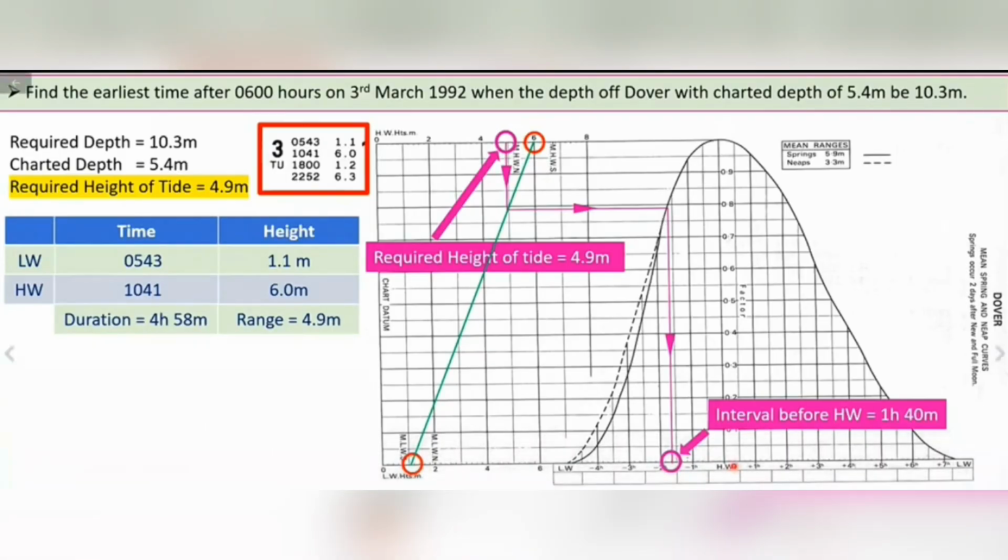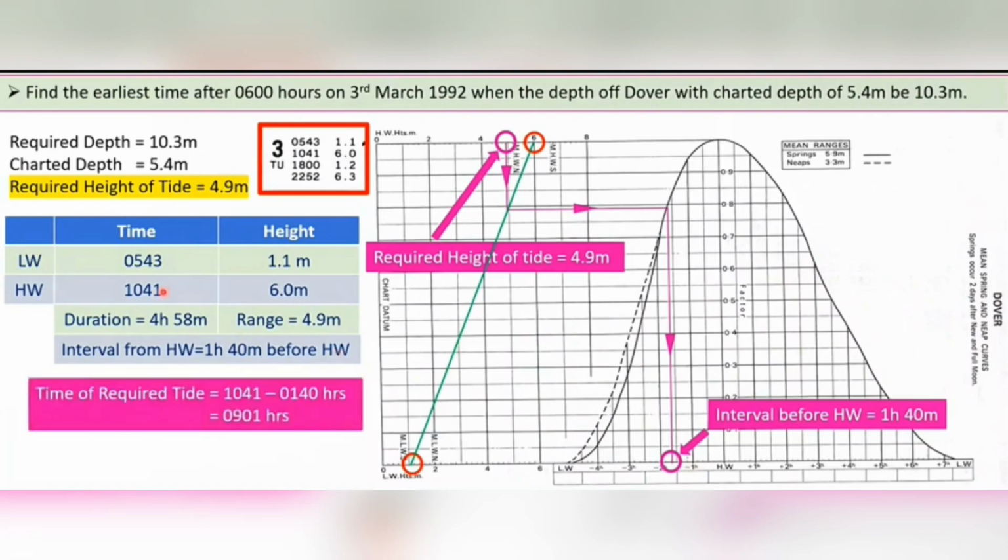It's 1 hour 40 minutes before high water. So that means the required height of tide shall be 1 hour 40 minutes before high water, which is at 1041. The interval is now obtained from the plot, and it's 1 hour 40 minutes before high water. And what is the time of high water? 1041. So then what shall be the time when we'll have the required height of tide of 4.9 meters? Obviously that shall be 1041 minus this interval, and the time happens to be 0901 hours.